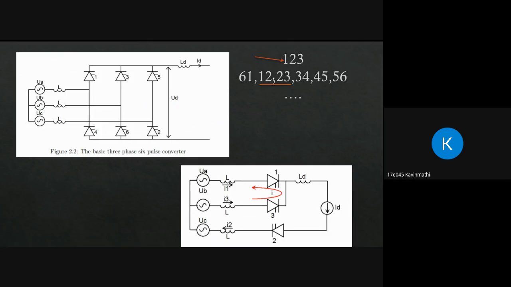For switching from 1 2 to 2 3, we are changing 1 with 3. That means the current through thyristor 1 will be reduced and the current through thyristor 3 will be increased at the same time. When 1 and 2 are in operation, if I give a triggering pulse to thyristor 3, it gets triggered.